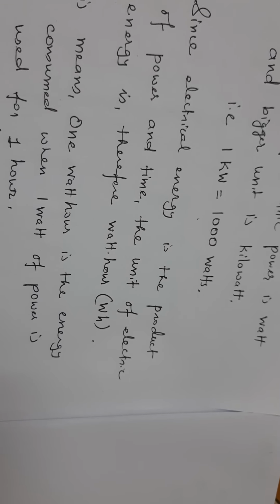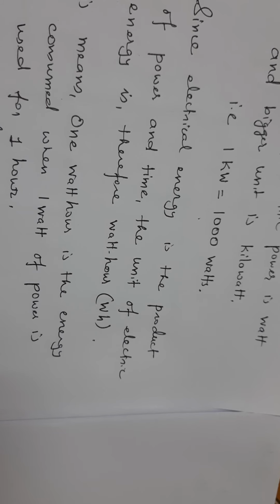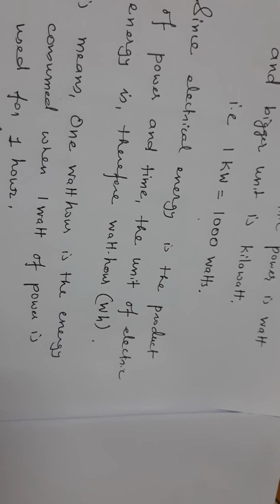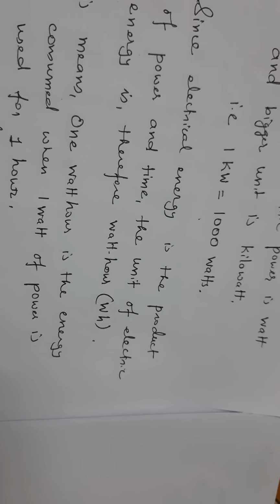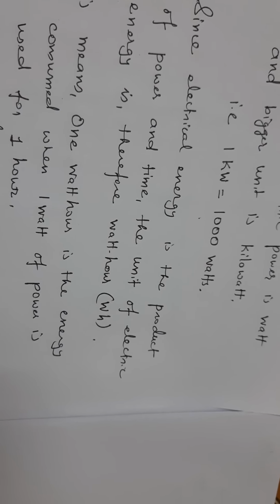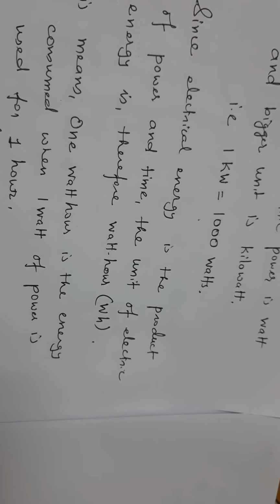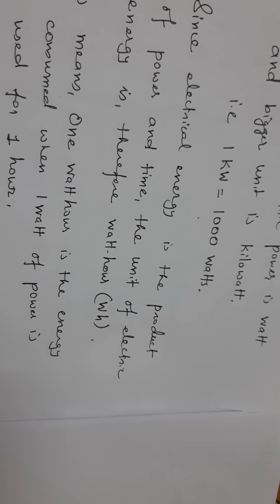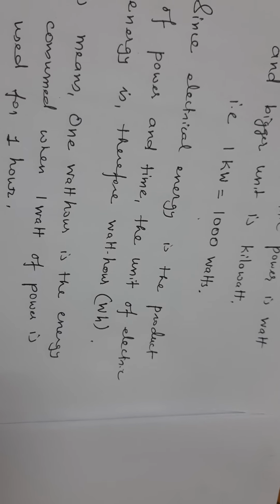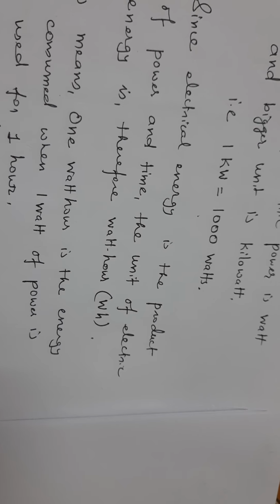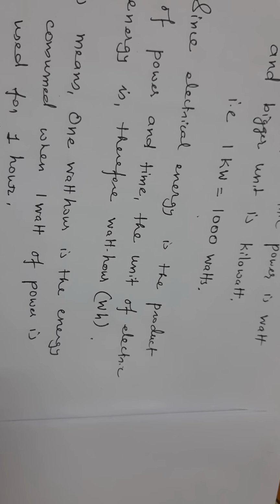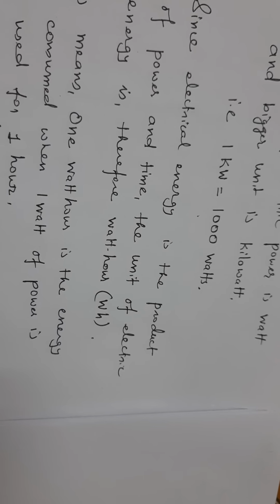For example, if we talk about a bulb which is of 100 watt, if the 100 watt bulb is kept on for 1 hour, then the consumption will be 100 watt hour. If the rating of the bulb is 25 watt, then if that bulb is kept on for 1 hour, the consumption will be 25 watt hour. So depending upon the rating, you can judge what power is going to be consumed.